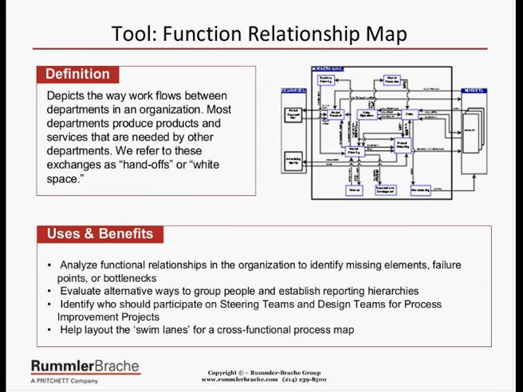Finally, we also look at function relationship maps. It looks a lot like the process relationship, but let's turn things on their head. This is not processes, but groups of people, organizations, departments, if you will. You could almost take the org chart of the organization, cut it into pieces, and then draw lines representing their relationships.